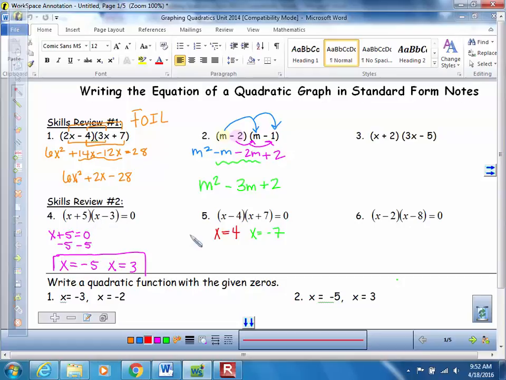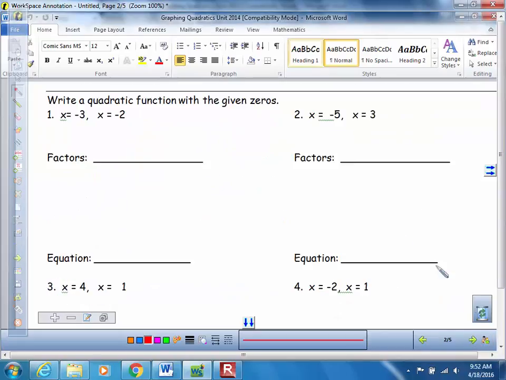This is where we solved. So if we're going from where we solved back to the factors, what should happen to these signs here? They're going to change. So this one would be x plus 3, and this one would be x plus 2. So those are my factors.